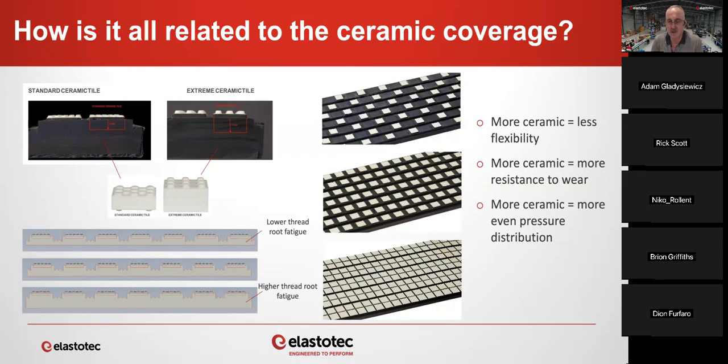Now, this is quite an important consideration if you talk to belt manufacturers, particularly steel cord belt manufacturers. If they're dealing with very high-powered conveyors, they're very concerned about the distribution of pressure. They don't want a lot of localized pressure or shear in between the cords of the belt, so they're very concerned about getting that shear force spread as evenly as possible.